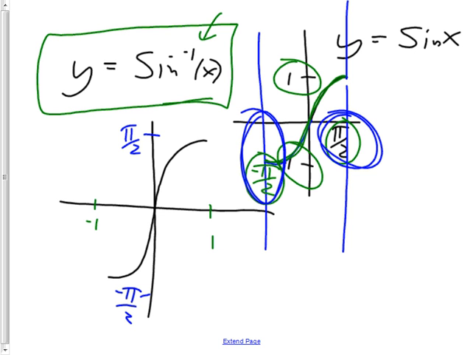I'm going to use that just as a helper for myself. Inverses are a flip over the line y equals x, because that's changing the x for the y and the y for the x. So, final answer, there is your graph of inverse sine.